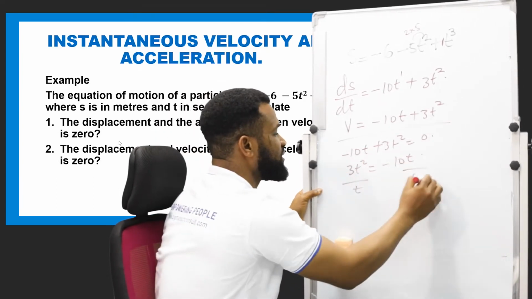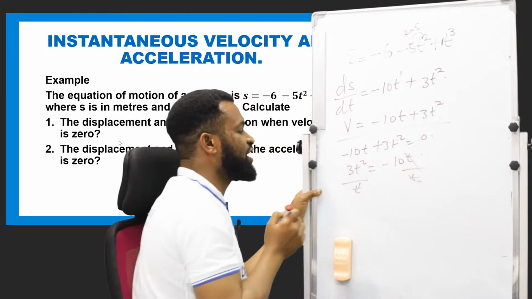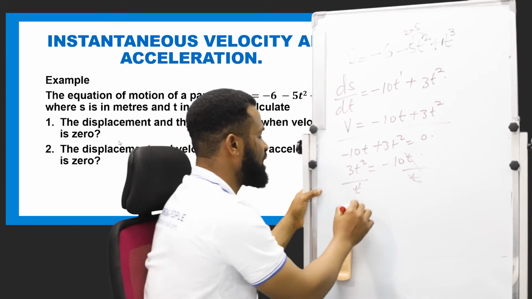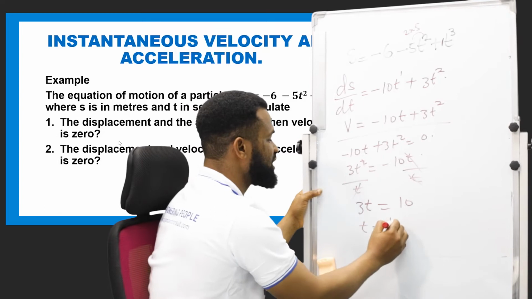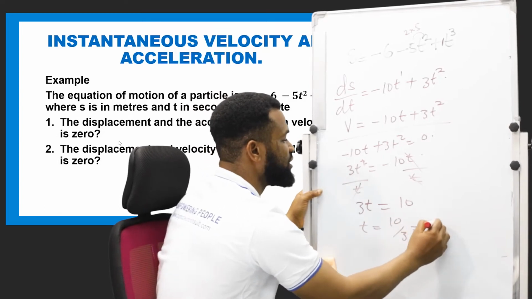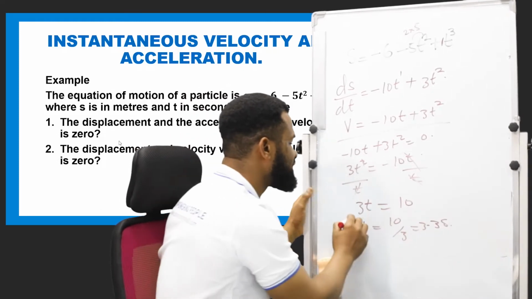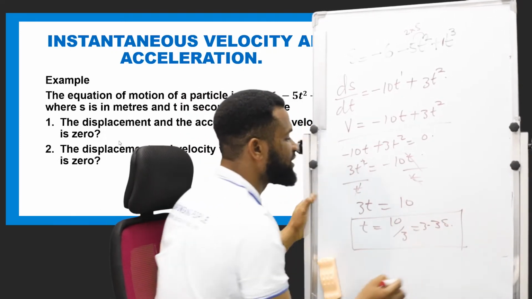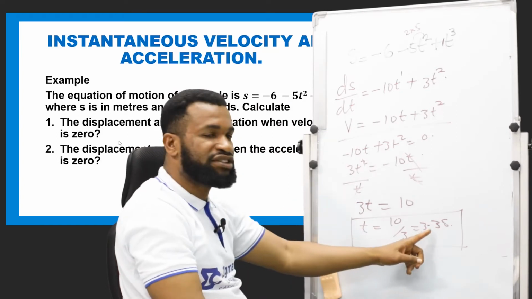T will cancel t. Remember there are 2t here, and one of them is going to be cancelled. We have 3t is equal to 10. And t is going to be 10 divided by 3, which is 3.3 seconds. So at velocity equal to 0, the time is 3.3 seconds.